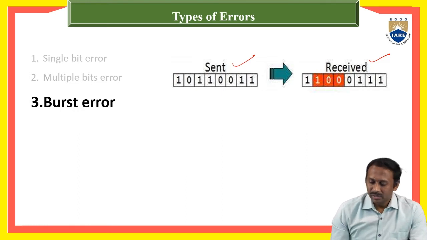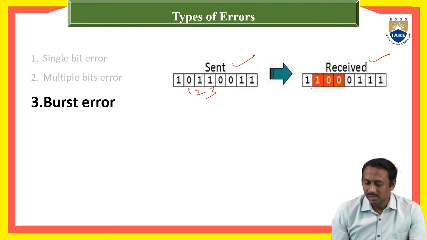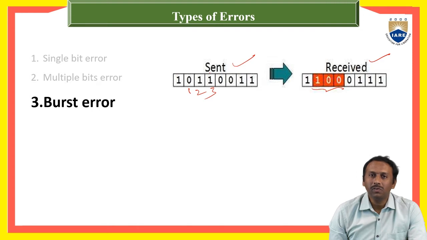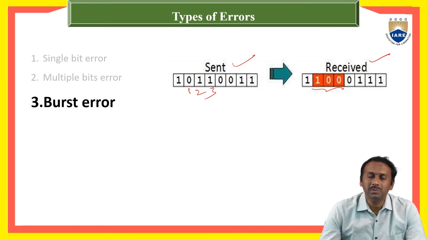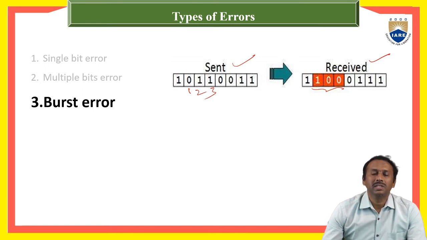See here, these 3 bits are 0, 1, 1 actual data bits, but instead the receiver received 1, 0, 0. So consecutively more than 1 bit is corrupted in the transmission. Such a kind of error we call a burst error.